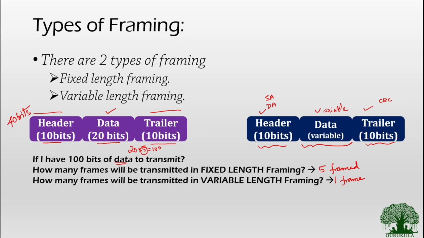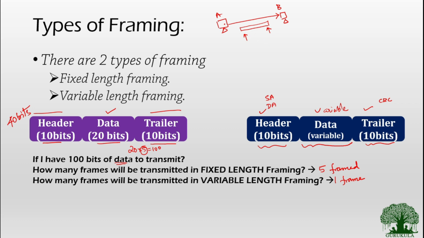Now the actual problem comes into the picture. Say, for example, the sending node is node A and the receiving node is node B. If I want to send a frame from node A to node B, then node B should be able to identify where exactly the frame starts and where exactly the frame ends.